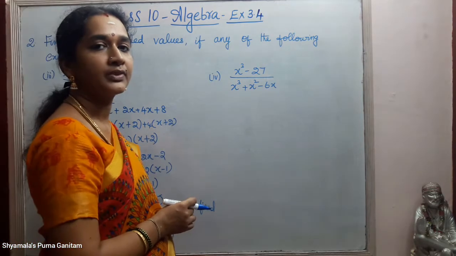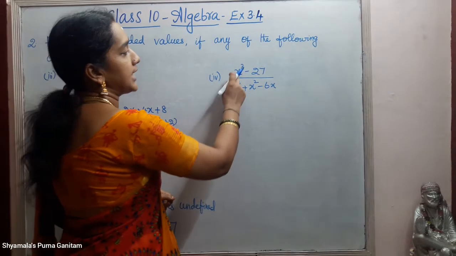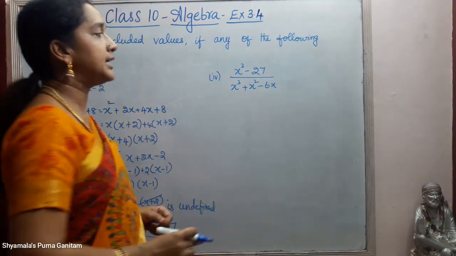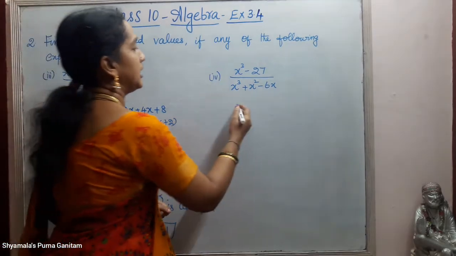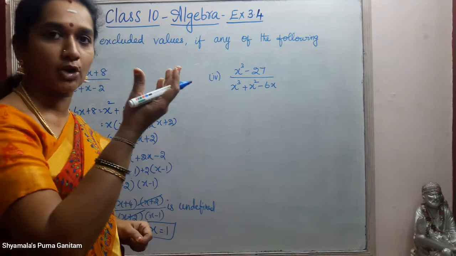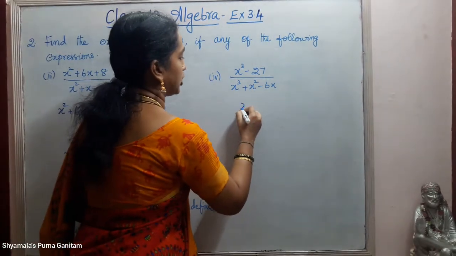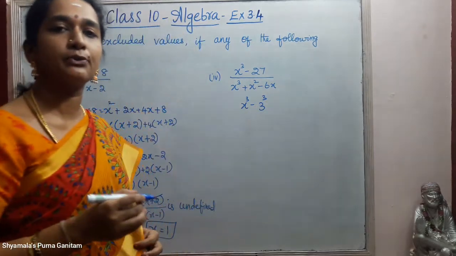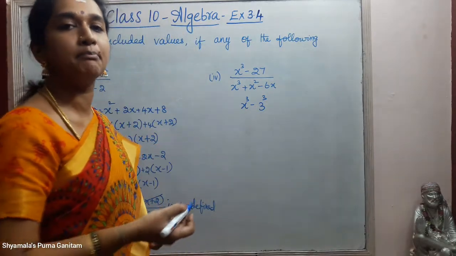Then the next one here is x cube minus 27 by x cube plus x squared minus 6x. So here in the numerator also a cubic polynomial is there, so we will check that also. x cube minus 3 cube is of the form a cube minus b cube.